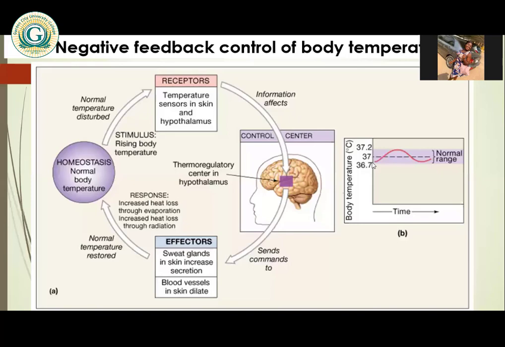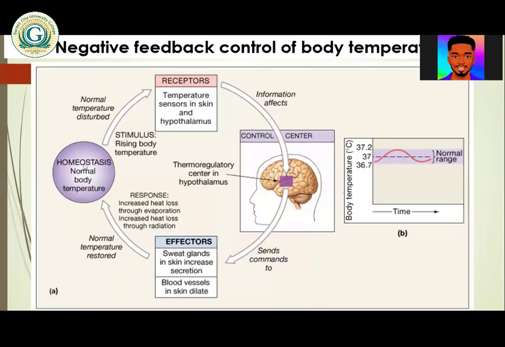So normally, the body works to maintain the temperature levels between these two levels. So between 36 and 37.2. So whenever there's a change, that is, let's say, below 36.7 or above 37.2, it triggers this system to occur.